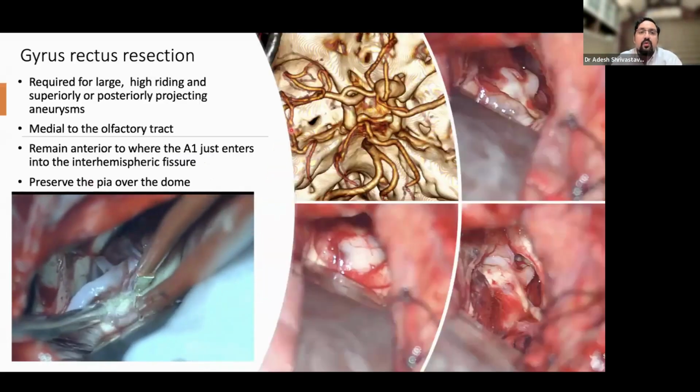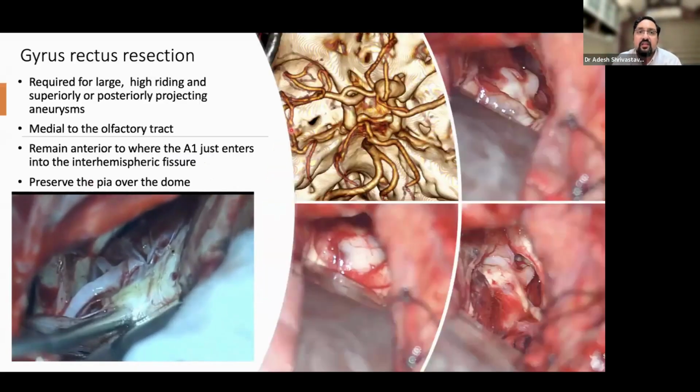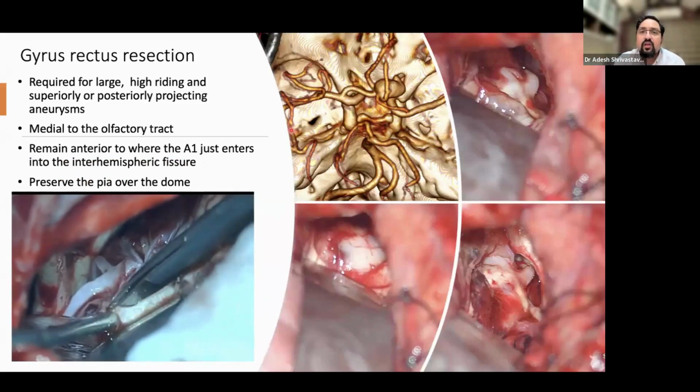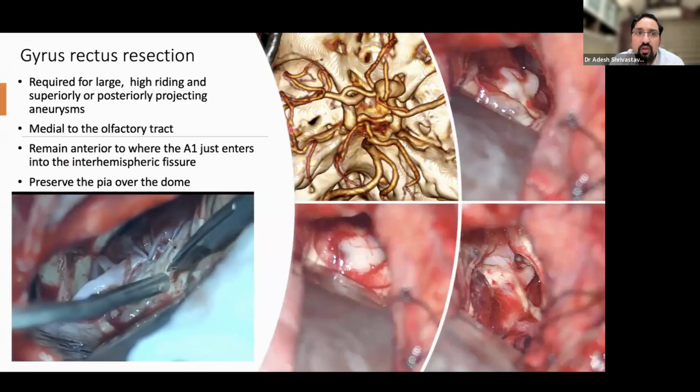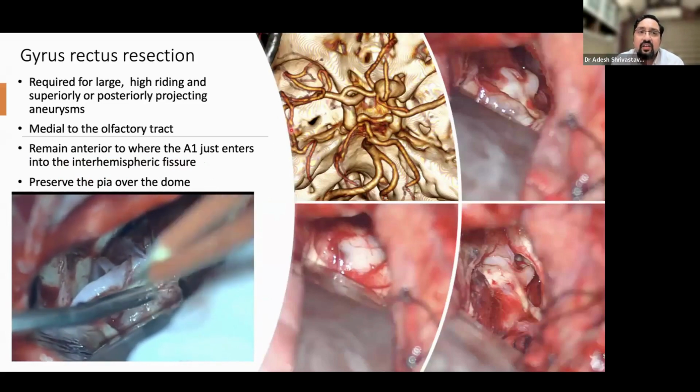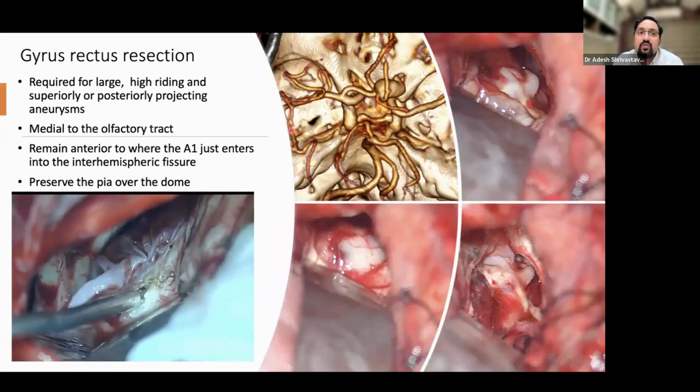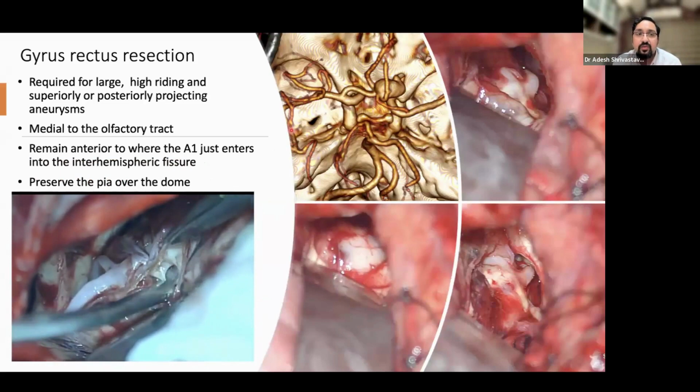Now, a word about gyrus rectus resection. Well, it is not required in every case, as Dr. Jayanan told. It is required only for large high-riding aneurysms or aneurysms which are superiorly and posteriorly projecting.